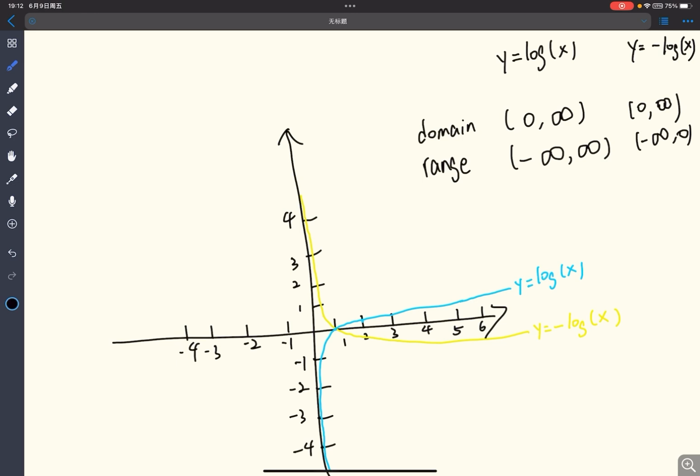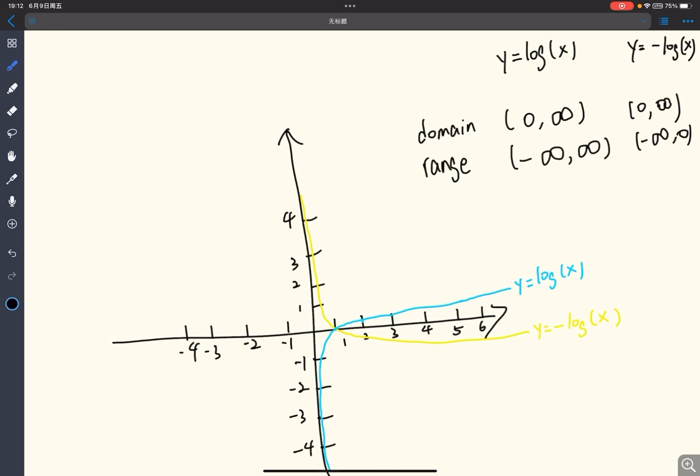When we compare the original function y equals log x with the flipped function y equals negative log x, we can see that the function plot flips vertically over the x-axis.